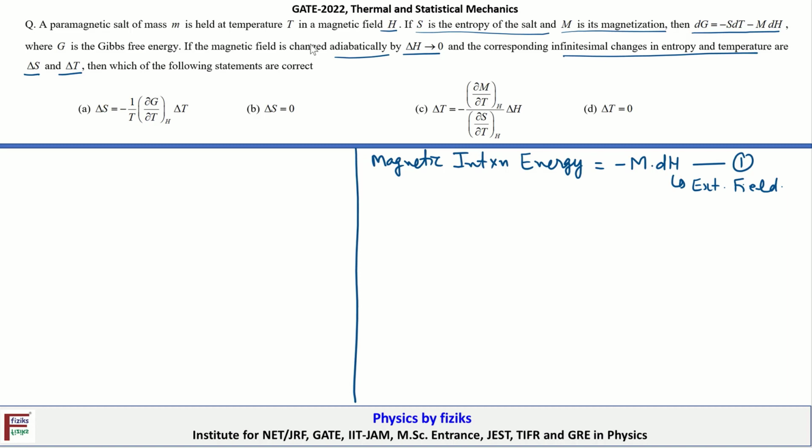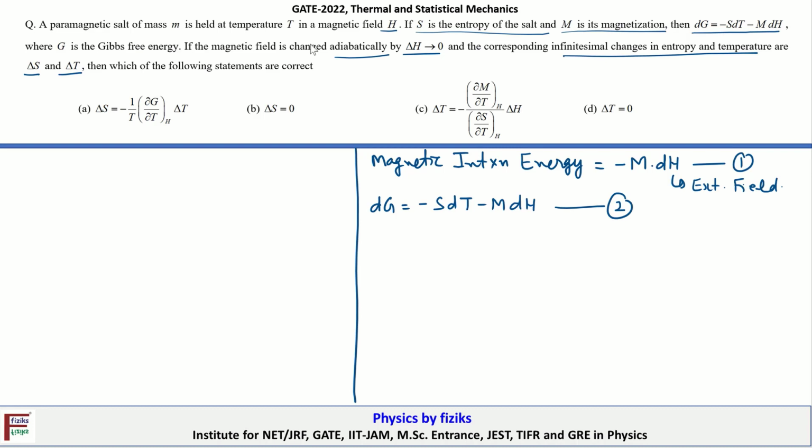Now we are also given a relationship between the Gibbs free energy, the applied field and the change in temperature. The relationship is dG, the Gibbs free energy for this system, is given as minus S dT minus M dH, where M stands for the magnetization.